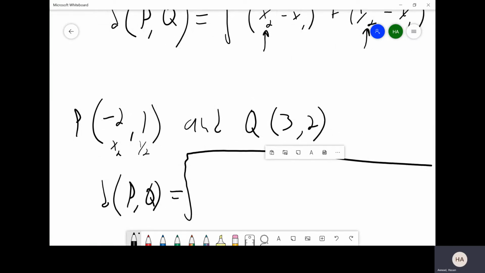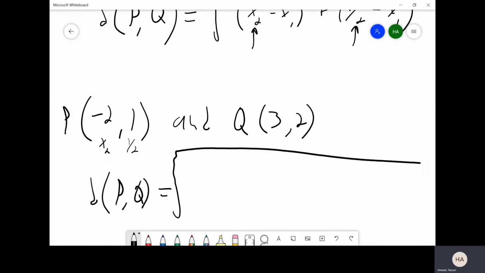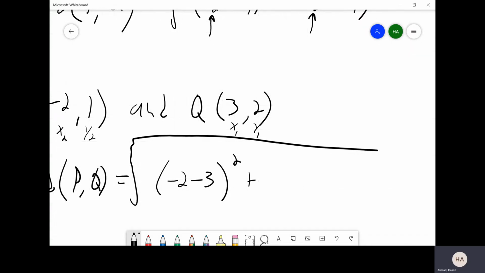And then by definition, because we chose that to be the second ordered pair, this one is going to be x1 and this one is going to be y1, right? So now all we have to do is plug into our equation. Plugging in, we have the x component minus the other x component, right? We're choosing P to go first, so we have -2 minus 3 squared plus, and now we have the y components.